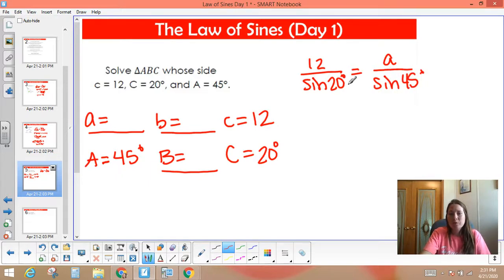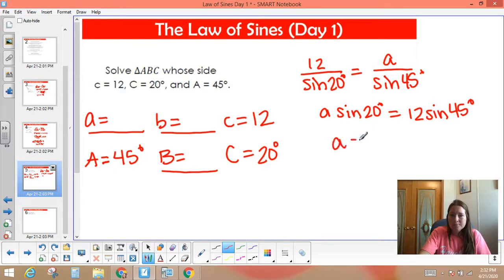All right, so if we cross multiply, we're going to have A sine 20 degrees is equal to 12 sine of 45 degrees. And then we divide.